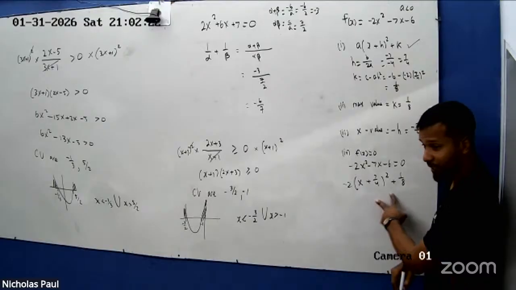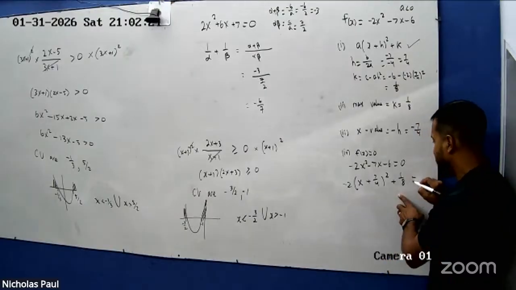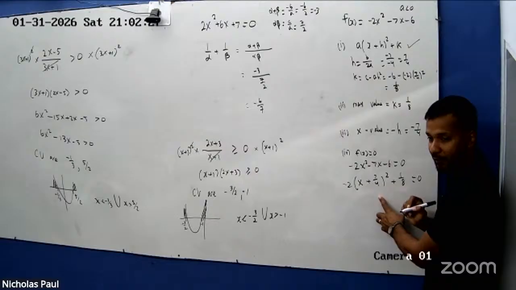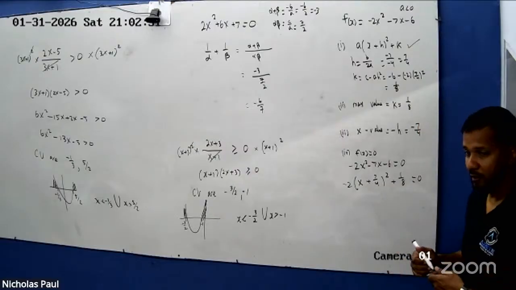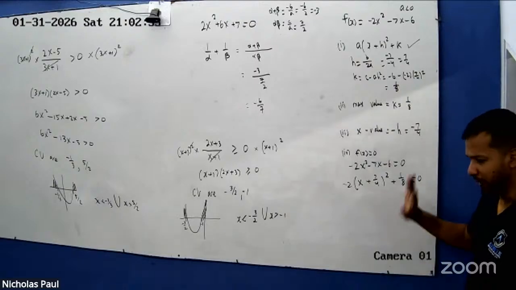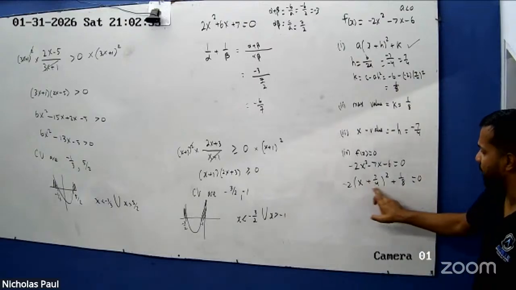Right? Question said hence. So they want you to make x the subject of the formula here. The way I use this method. Try that fast. Just make x the subject of the formula. So yeah, you have to move everything.